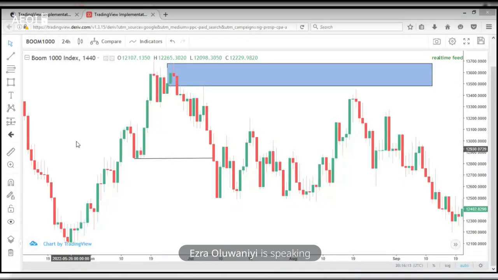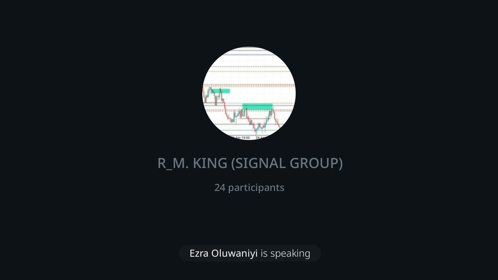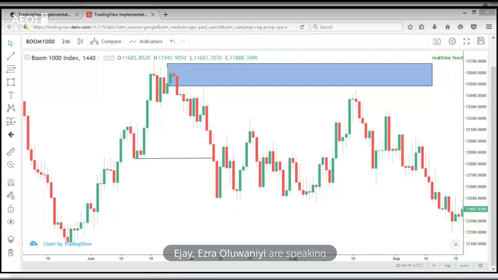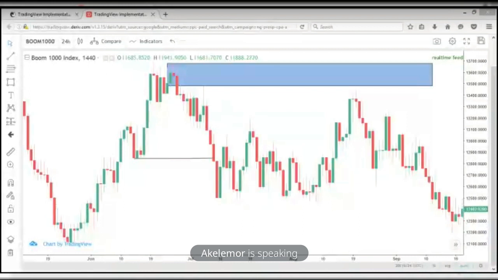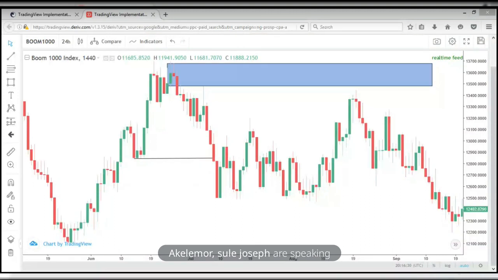Can you see my screen now? Can you see my screen? Yes, it's up. Is it blurry? It is blocked from my end. Okay, now it's clear.